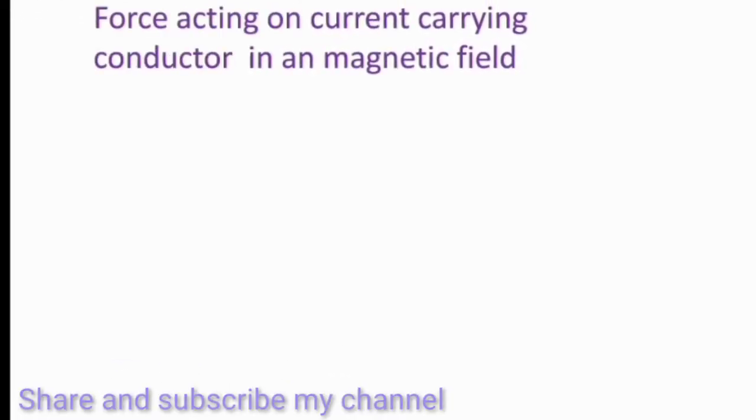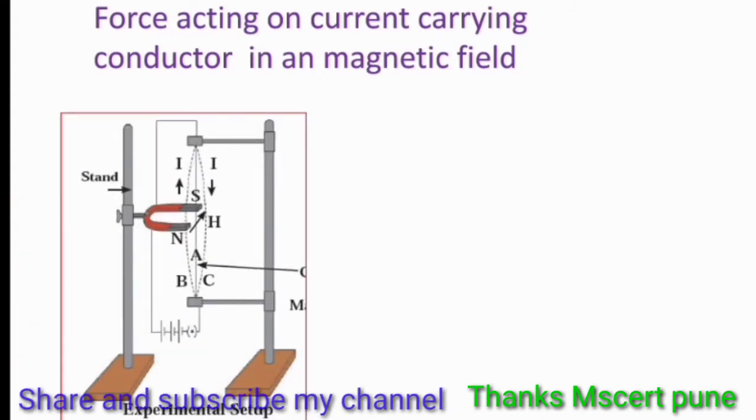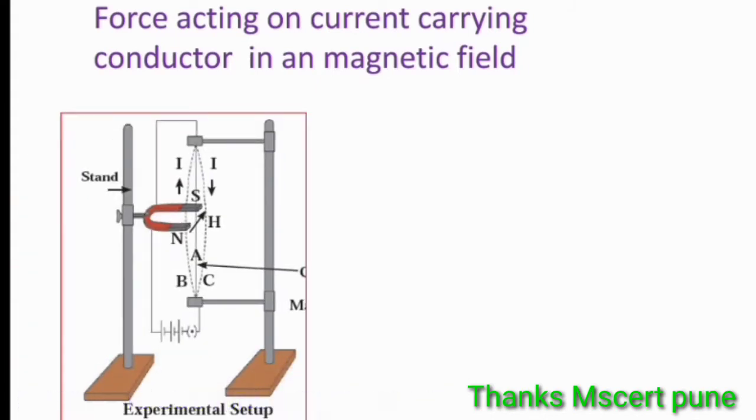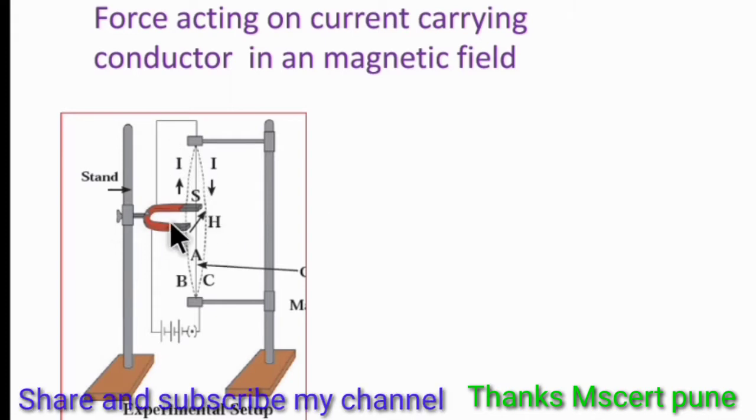Force acting on a current carrying conductor in a magnetic field. Using the stand, fix the copper wire so that it passes through the poles of the horseshoe magnet as shown in the figure. Here is the stand and the magnet with a south and north pole. The wire passes through these two poles.